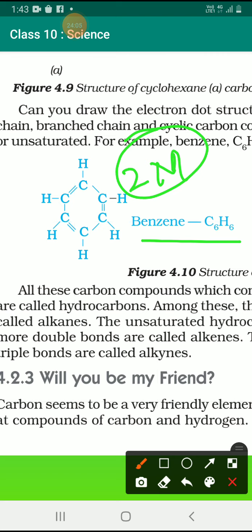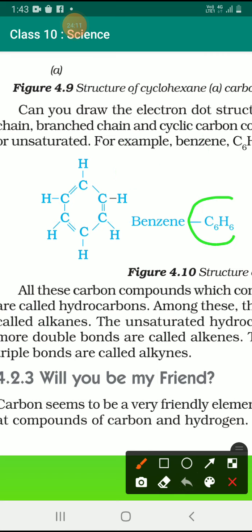Benzene has the molecular formula C6H6. The structural formula is this. Look at here. You have to draw like this: 6 C, 1, 2, 3, 4, 5, 6, and 6 H, 1, 2, 3, 4, 5, 6.